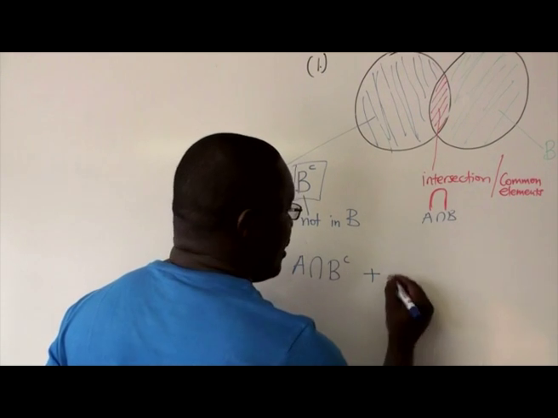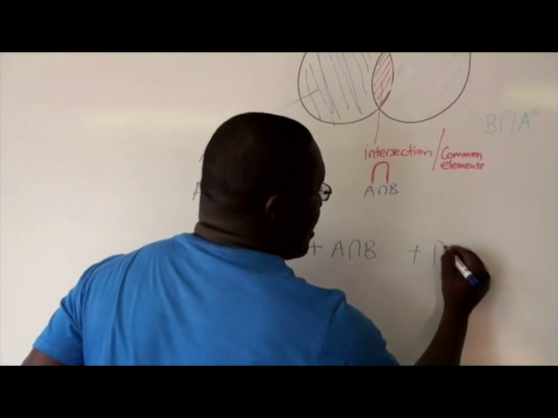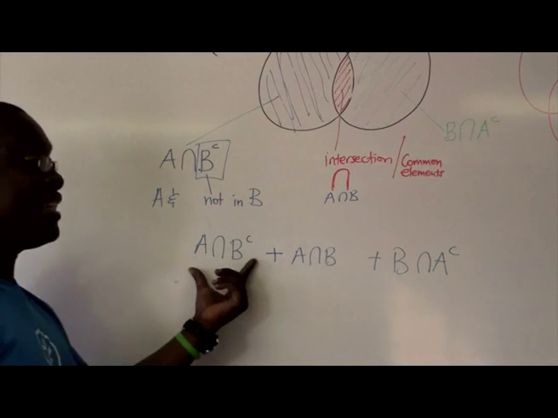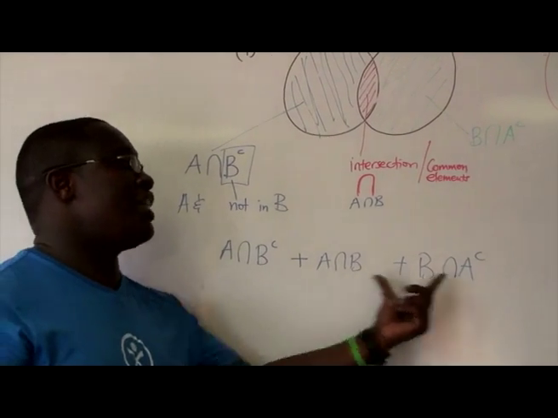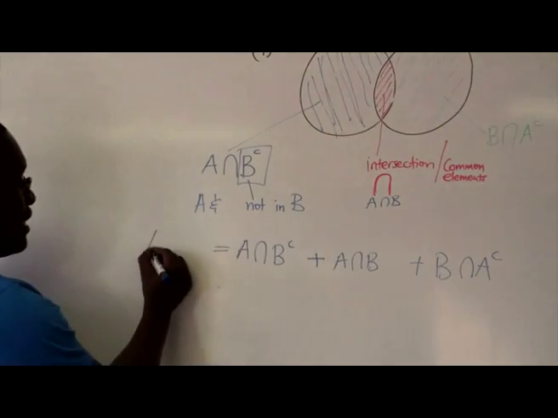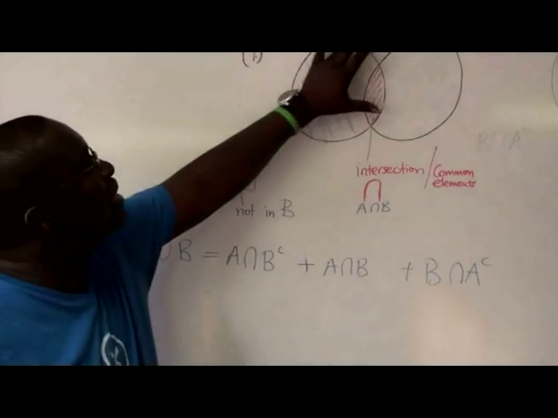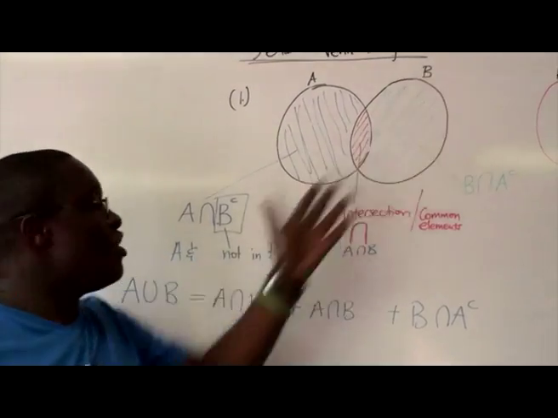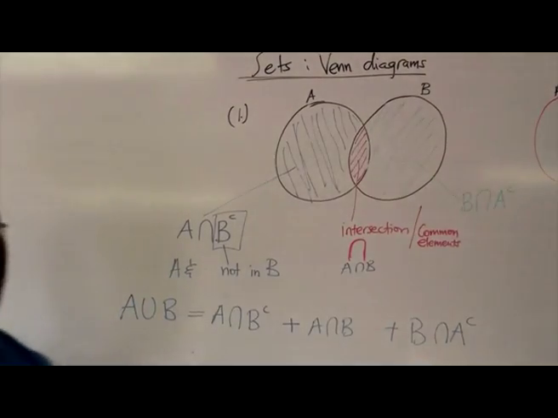This is A intersection B. And then we add that to B intersection A complement. So what we've done is saying those in A only, those in both, and those in B only. If you put everything together, then you're going to get A union B. So A union B is everything. The blue, red, and green put together give you A union B.